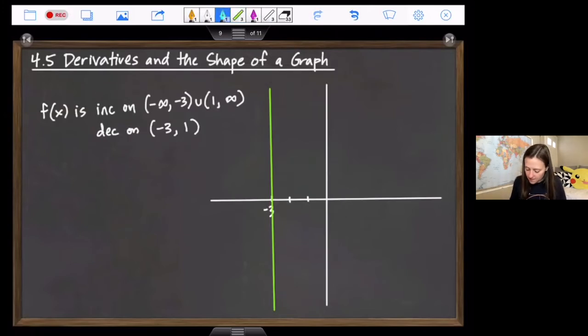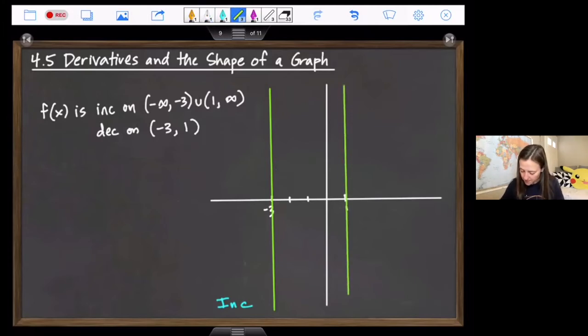So I know that I am increasing over here, and then I'm going to draw myself another line at a tick mark of 1. So let me draw myself a vertical line. And again, I'm going to erase this. This is not part of the graph. I'm just helping myself to remember. So I know I'm decreasing in this region here. And then afterwards, I'm increasing.